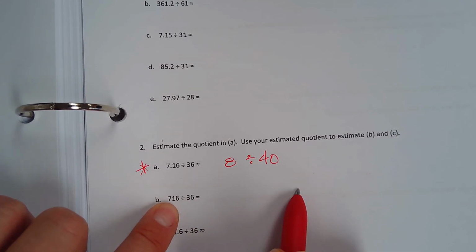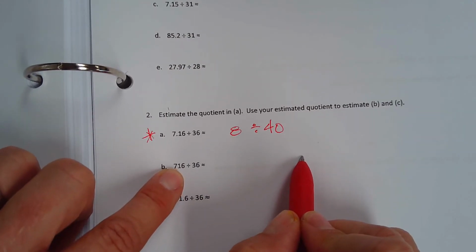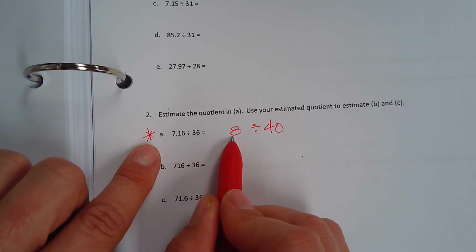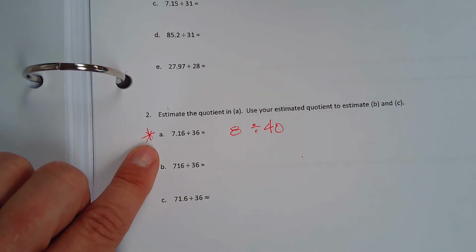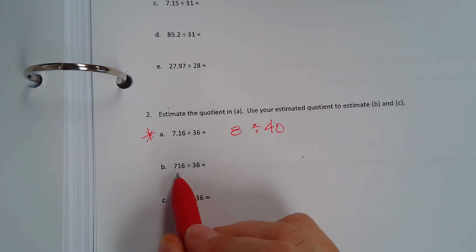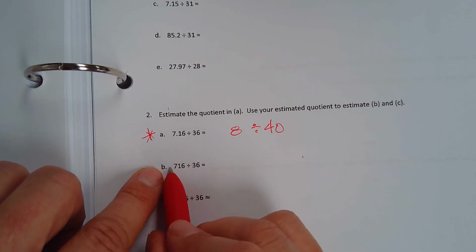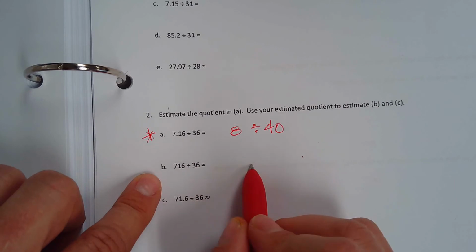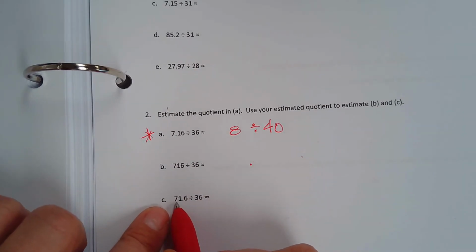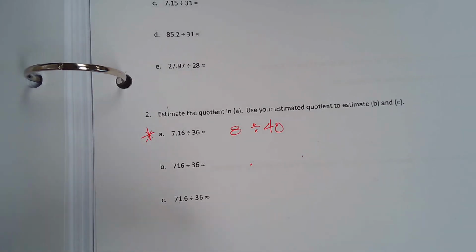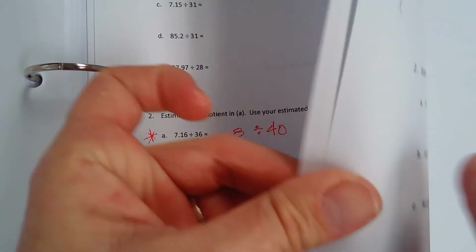How would you change that? If this is just 7 and you went 8 and 40, that works out nicely. That I can solve using basic facts, right? Well, what if you had a full-on 7.16? What would you estimate that to in order to solve? And then what would you estimate 71.62? So you're using those same skills to solve.